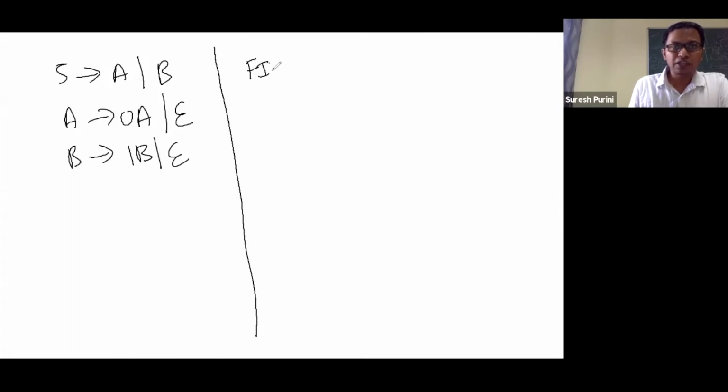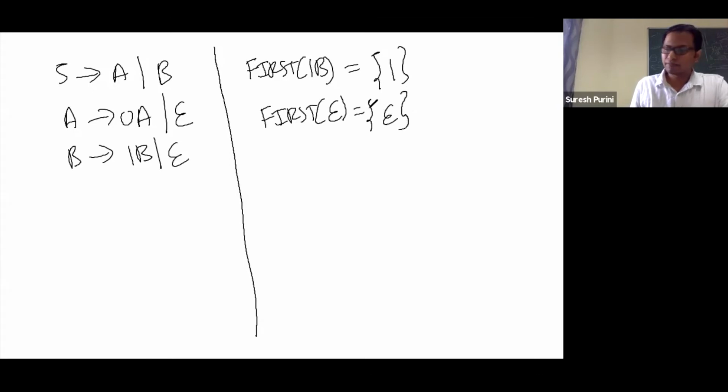If you look at first of 1B, it consists of this. First of epsilon is this. And first of B is 1 followed by epsilon.